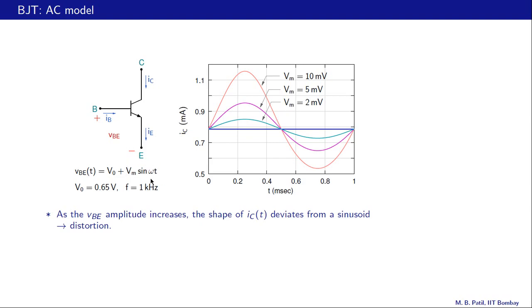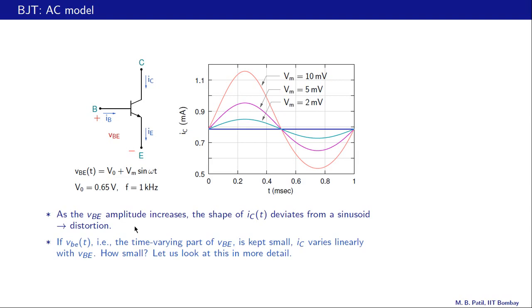So in other words, the time varying parts, or the sinusoidal parts of the collector current and the base emitter voltage, are proportional to each other, and that is the second point we want to make. If VBE of t, that is the time varying part of VBE, is kept small, then IC varies linearly with VBE. And the next question that arises is how small? Let's look at that in more detail in the next slide.